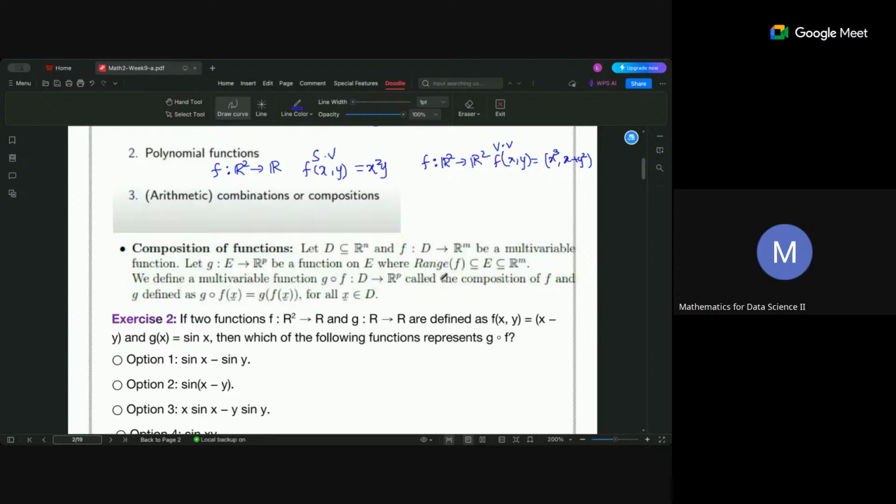So only when the range is contained in E, you can apply G to this E, right? Because you have G composition F of x means G of F of x. So this F of x should be inside E, then only we can define G composition F. Okay, so G composition F of x is G of F of x for all x in D. Note that here x has this tilde in the bottom to specify that it is a vector.